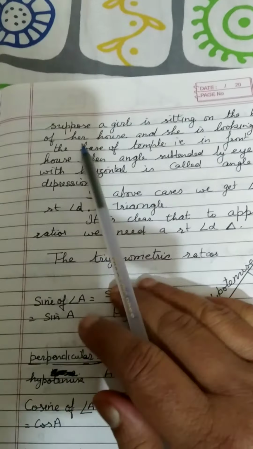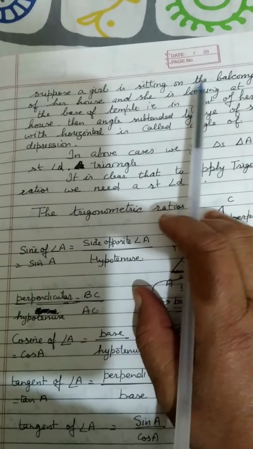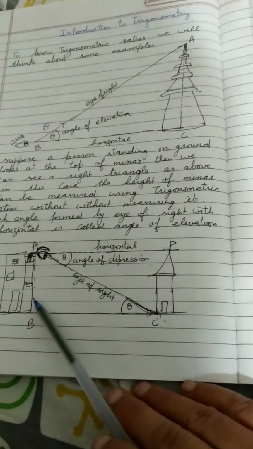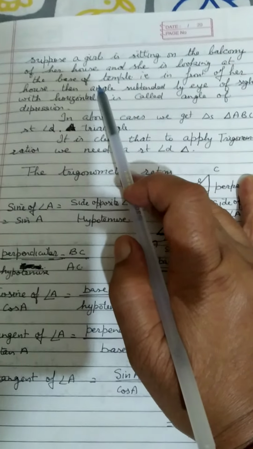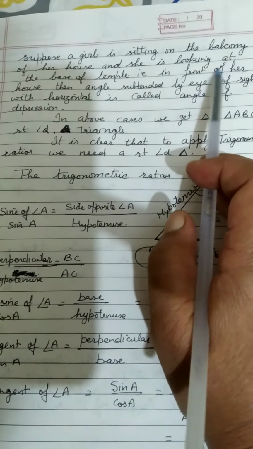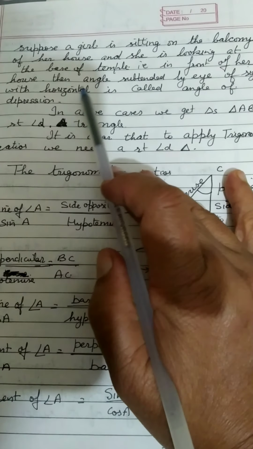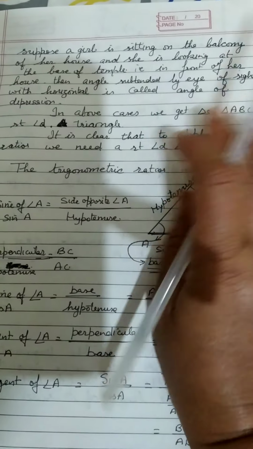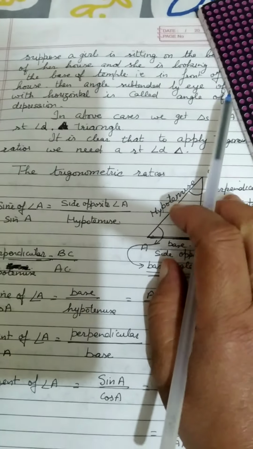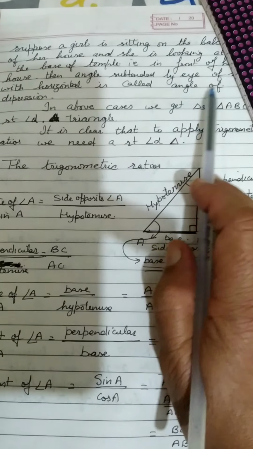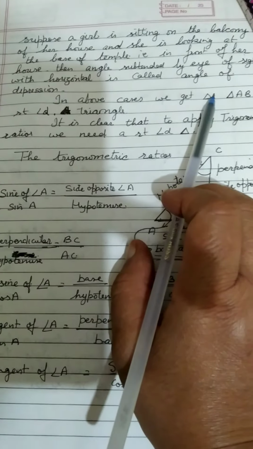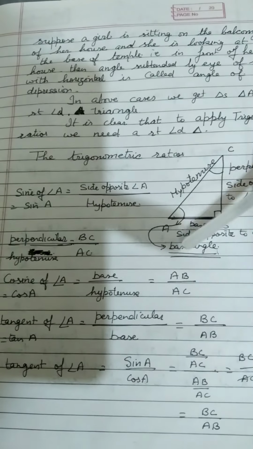Now, suppose a girl is sitting on the balcony of a house. Here is a house and a girl is sitting in the balcony, and she is looking at the base of the temple that is in front of her house. Then the angle formed by the line of sight with the horizontal is called angle of depression.